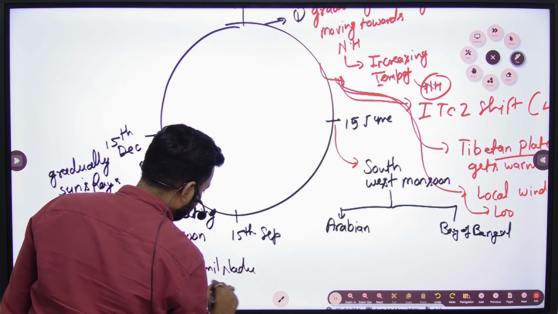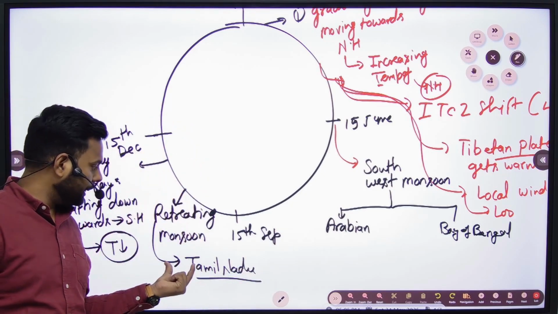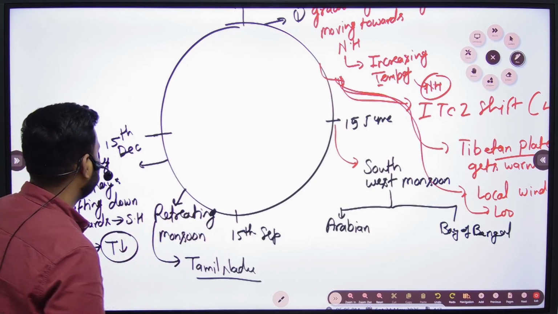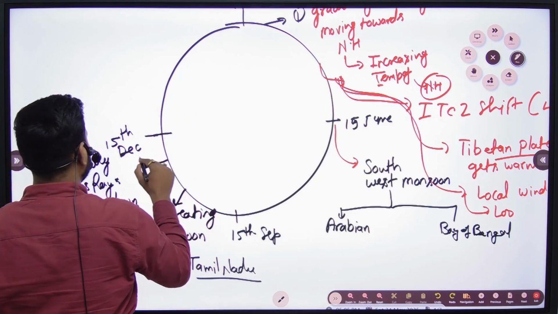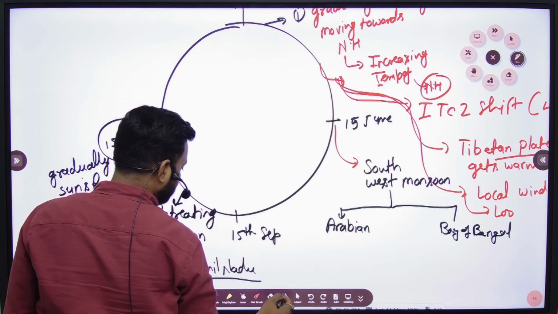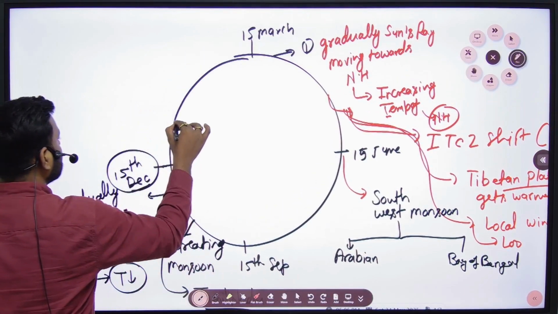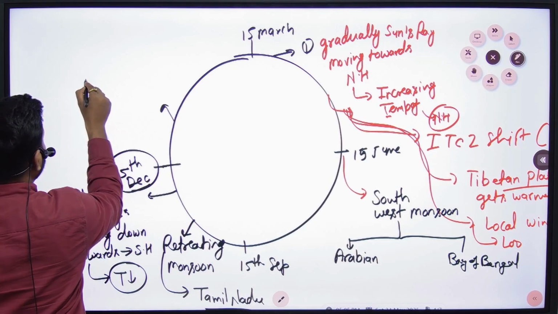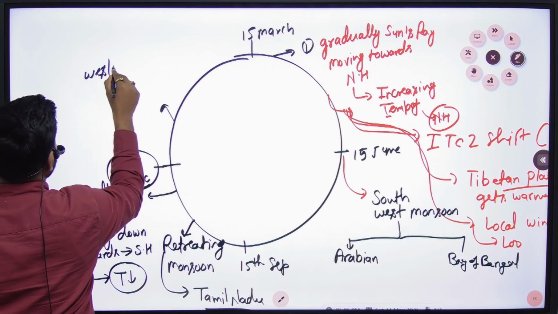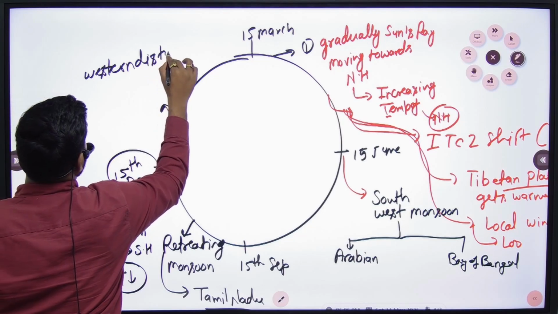All this information is being put on this diagram, and after that from 15th December to 15th March, it is predominantly the region of western disturbance.